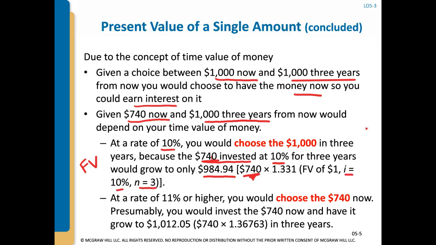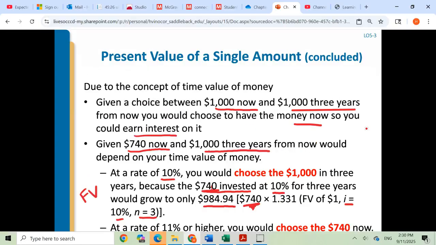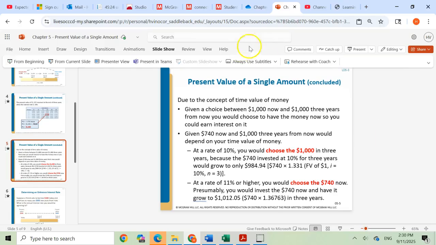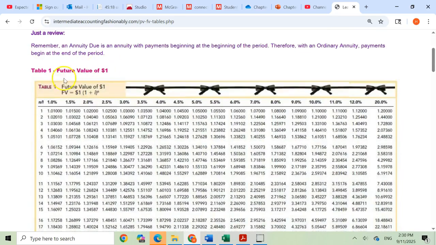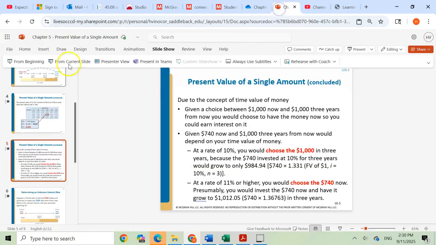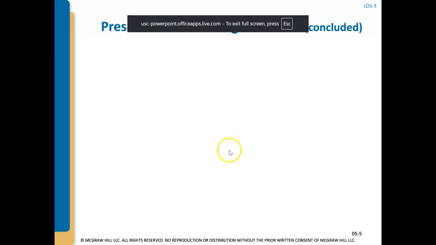So I would go into my future value factor table, which, let's go here. And this is the present value. That's not what I want. I want the future value. N equals 3, I equals 10%, which is 1.331. So back to the slide.